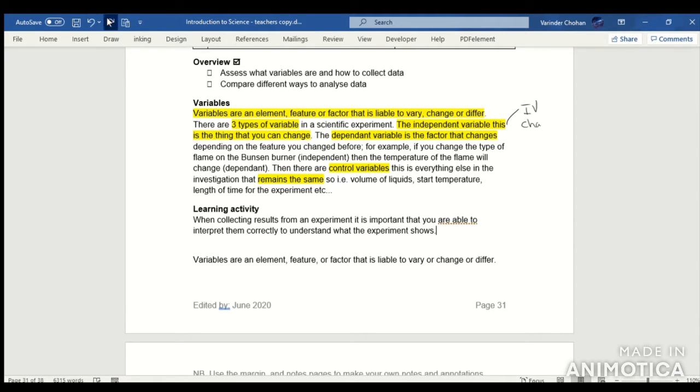So the independent variable is the one that changes, the dependent variable is the one we measure, and the control variables are the ones we keep the same.